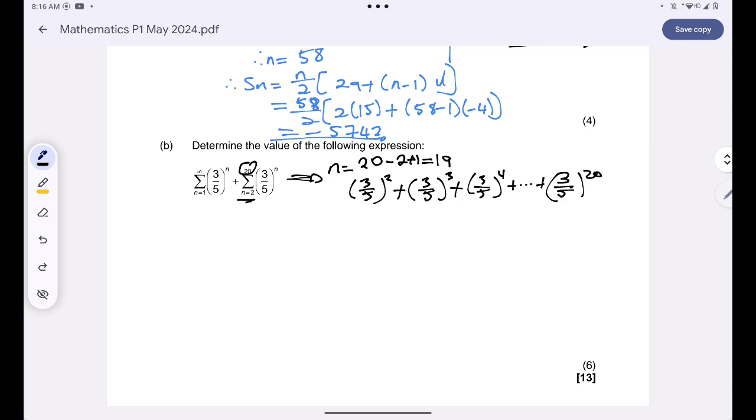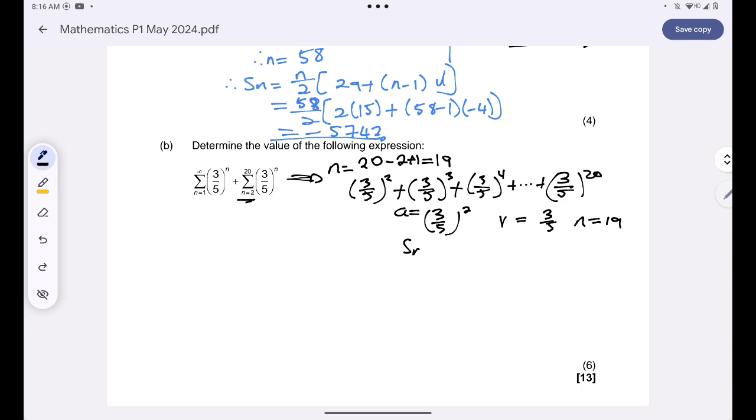Alright, together. I can see here that the value of a is (3 over 5) squared. r, when I say T2 divided by T1, I'll simply get 3 over 5, right? And remember that n is equal to 19. For me to find the sum, I only need the values of a, n, and r.